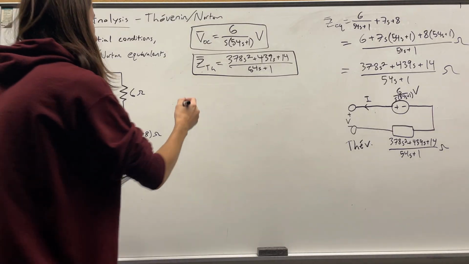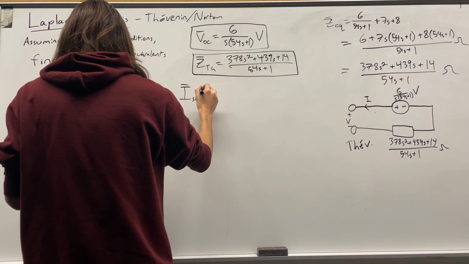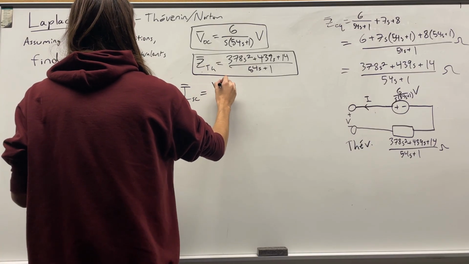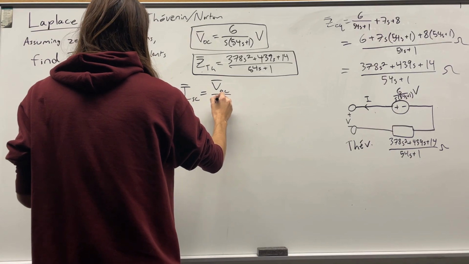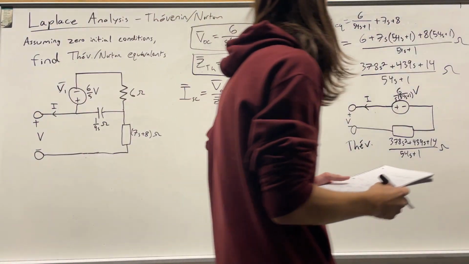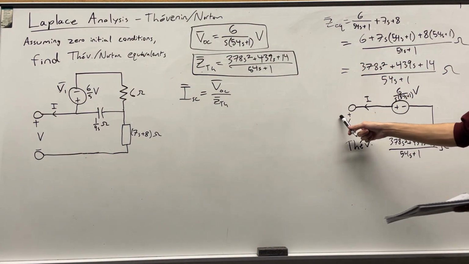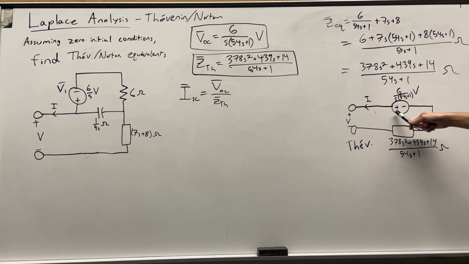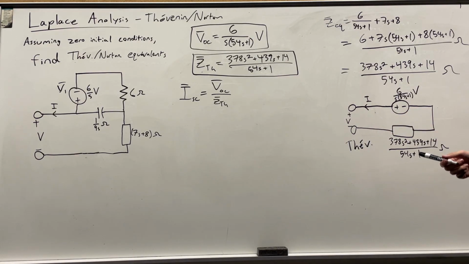Okay, so then our ISC is just equal to VOC over Z Thévenin. And importantly, for VOC, the positive aligns with the positive that we have defined for our variable V here.